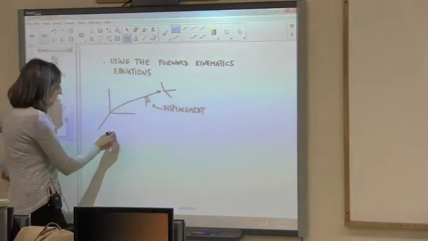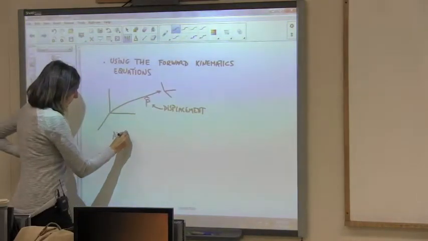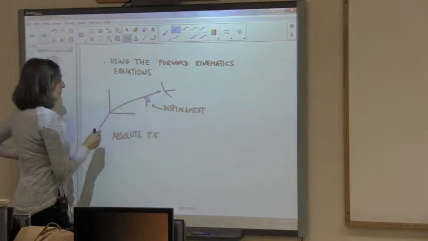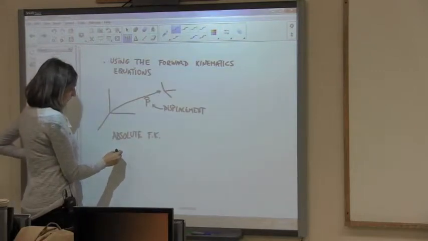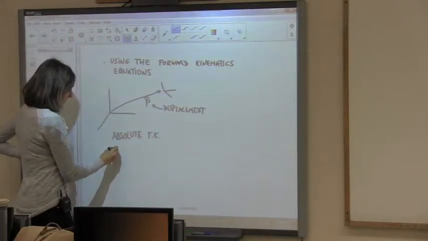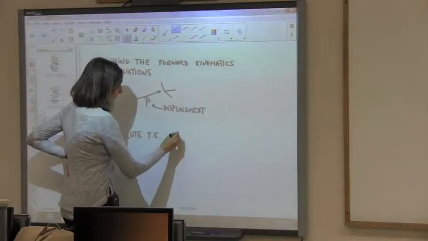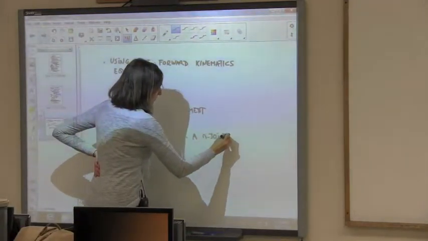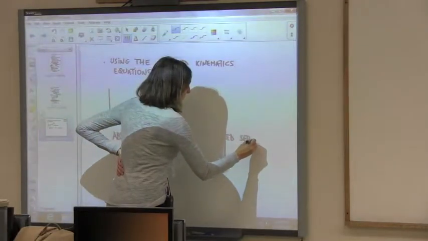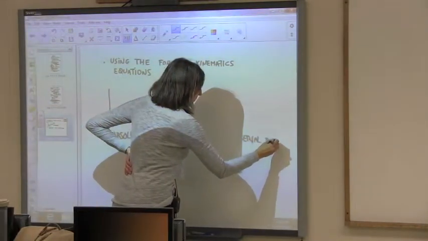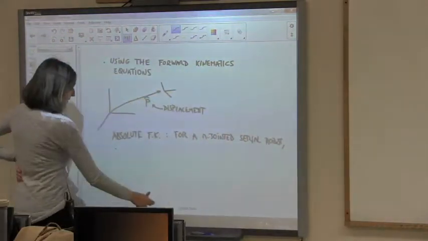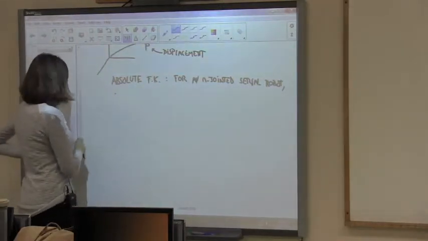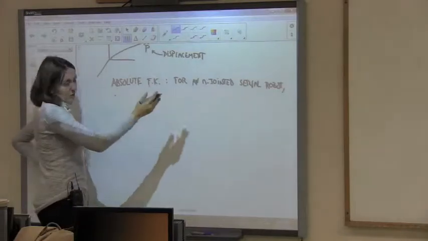So if we use the absolute forward kinematics, let's say for an n-jointed serial robot, we will have, and we are talking about the absolute transformation, so let's just write it as we know how to write it.